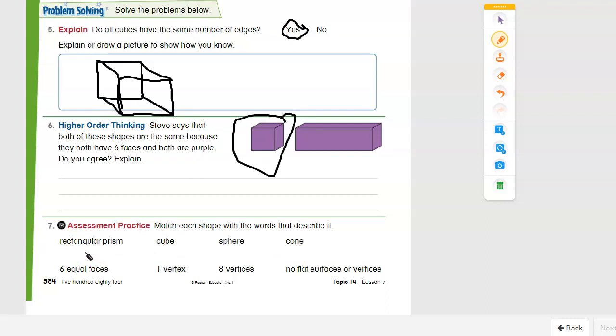So, if I'm looking for a rectangular prism, words that describe it, I'm going to look at, does a rectangular prism have 6 equal faces? Does it have 1 vertex? Does it have 8 vertices? Or does it have no flat surfaces or vertices?